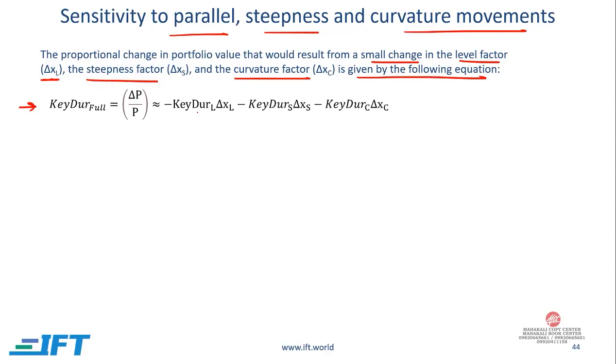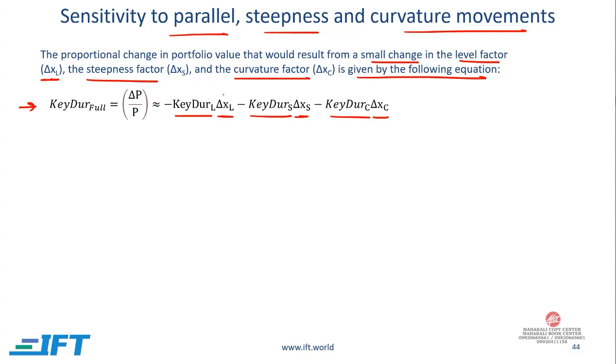So notice this equation is similar to what we saw earlier. Rather than key rate durations, we have a duration for the level factor, then we have change in the level factor. Next, we have duration for the steepness factor, and then change in steepness, and then duration for the curvature factor and change in curvature.